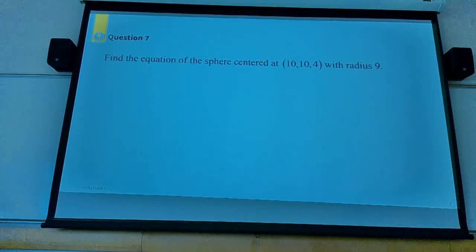Now this, I don't know why this is here, but whatever. Sphere centered at 10, 10, 4 with radius of 9.